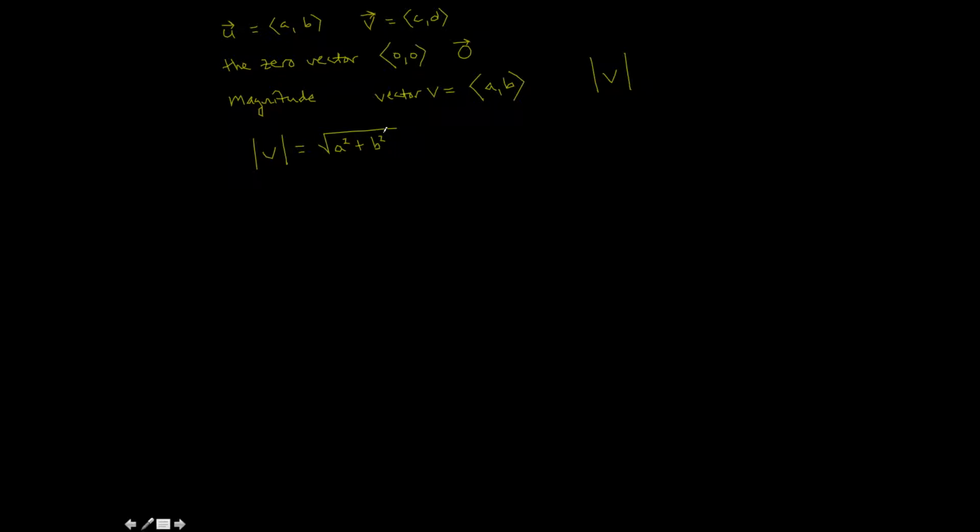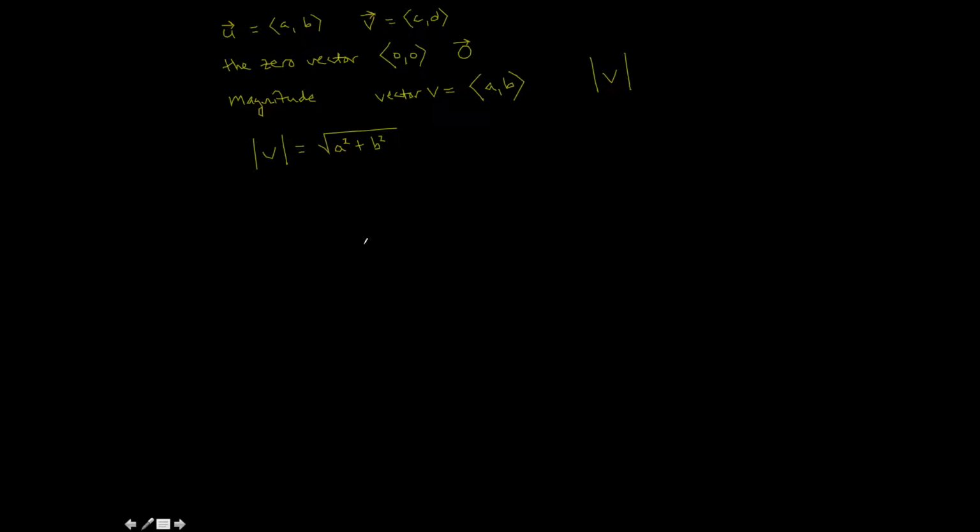So the magnitude is the length of the standard vector associated with v. That's what the magnitude is. It's going to be the length or the size of that vector. And think about it, when you measure something, you don't ever measure a negative length. Length is always positive, right? So this is why we must take the absolute value, in case we get a negative number with that square root, because remember, plus or minus the square root.